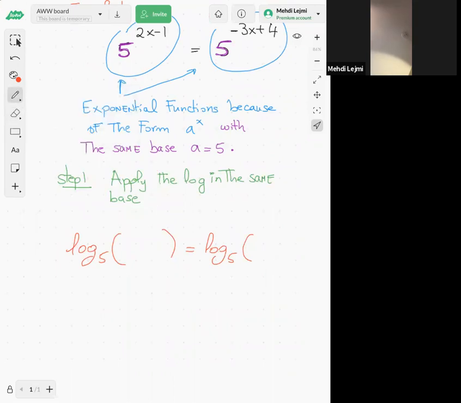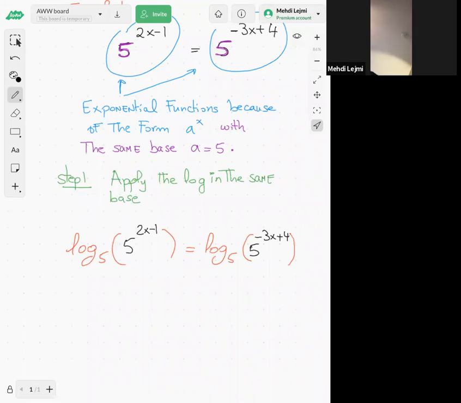Okay, so on the left side we have 5 to the power 2x minus 1. On the right side we have 5 to the power minus 3x plus 4. So why do we apply log?